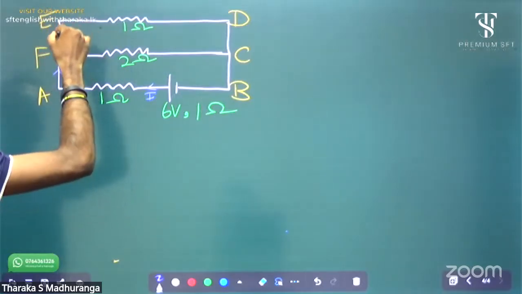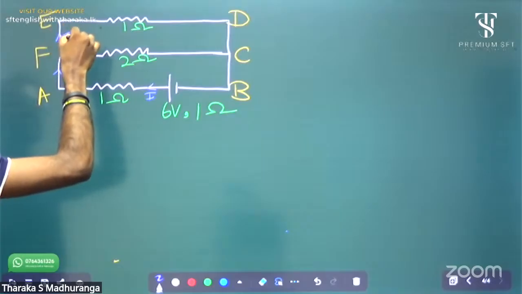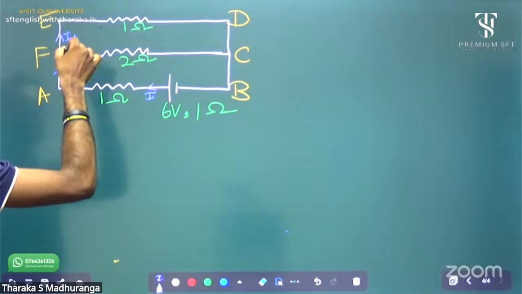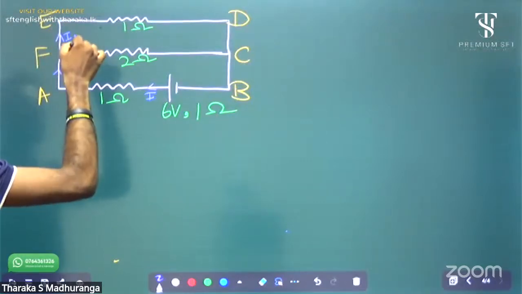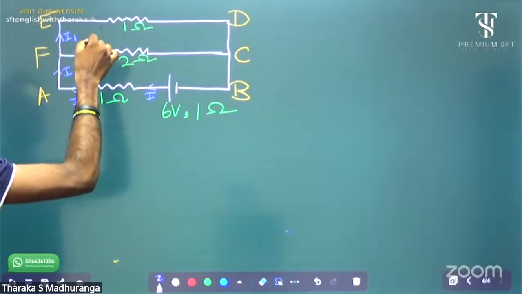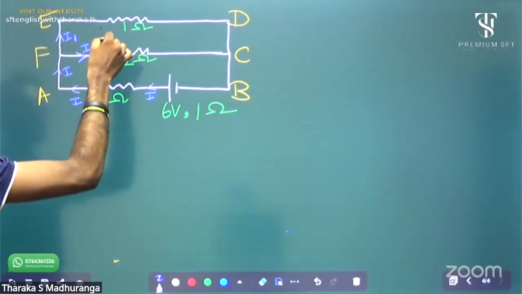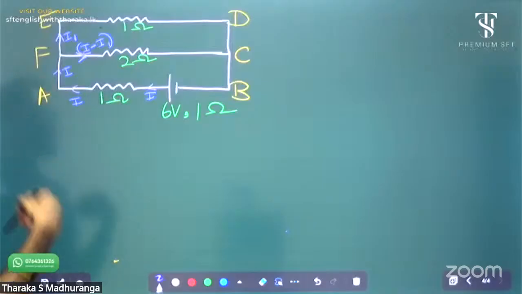No charge loss means it's dividing into two paths. Then I can say this is I1, and if it is I1, what is this path's current? I minus I1, the remaining part. I minus I1 is the current.